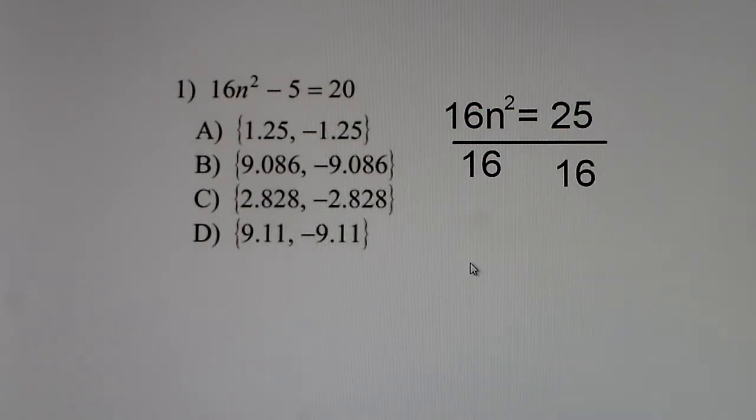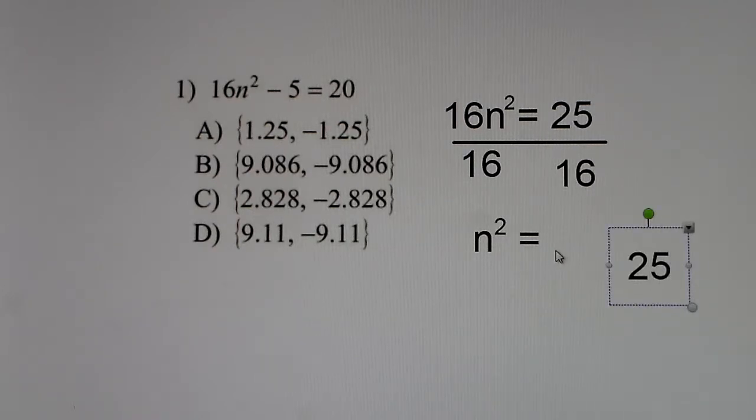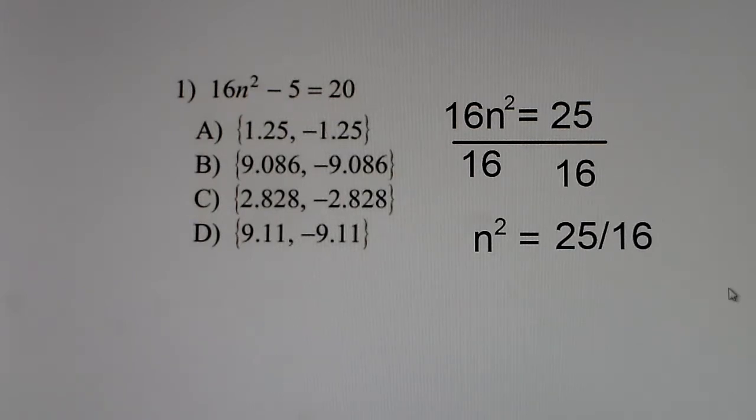When we do this, we're going to get n squared is equal to 25 over 16. Now we can put that in a calculator and you can find out what the decimal is, but we're going to do that actually at the end. So we only have to put it in the calculator once.